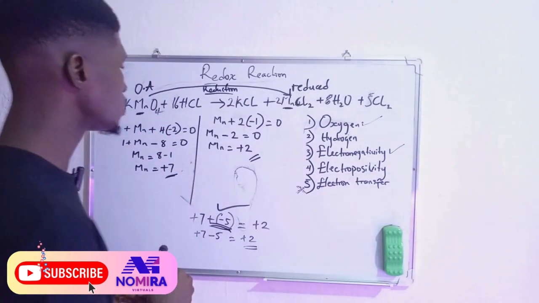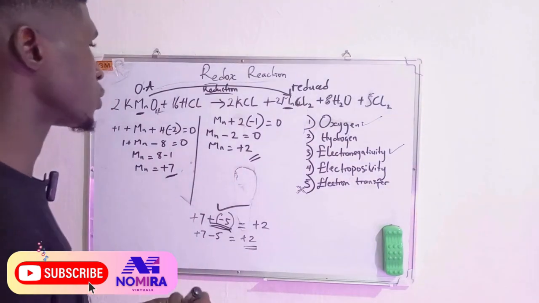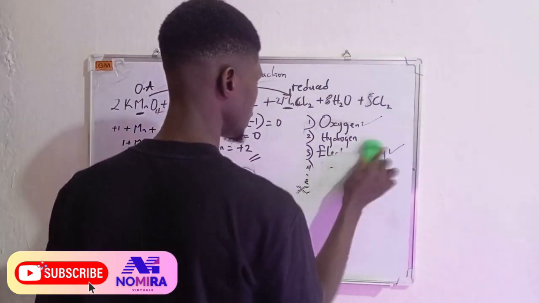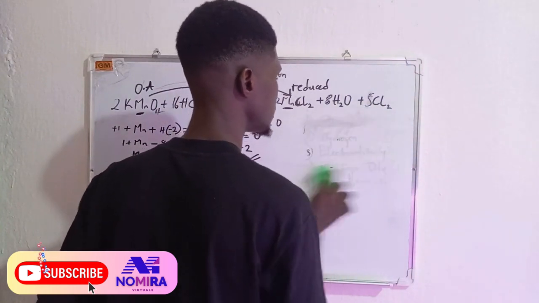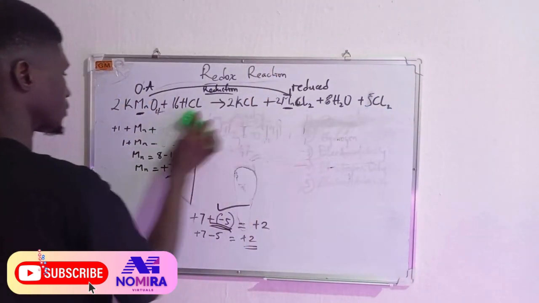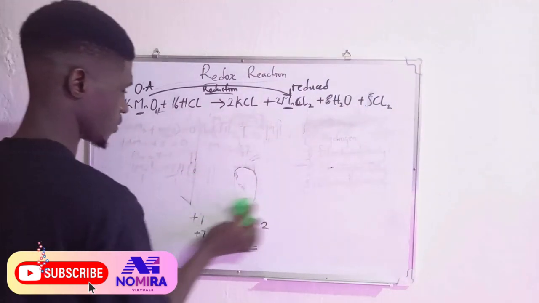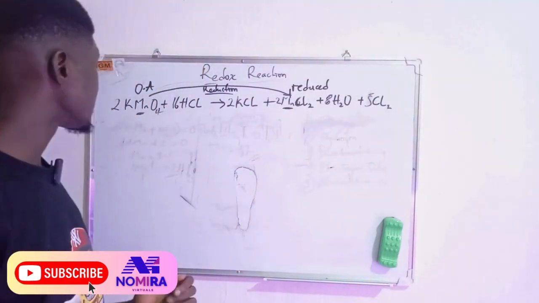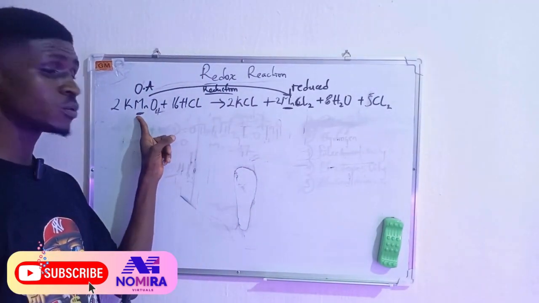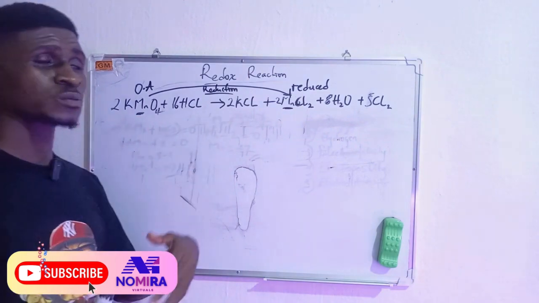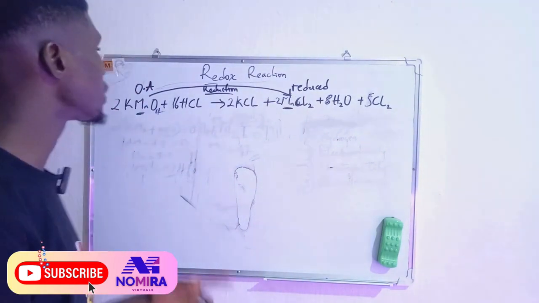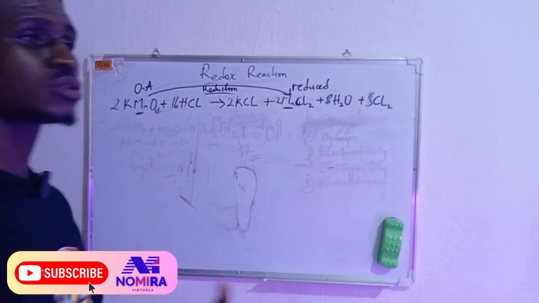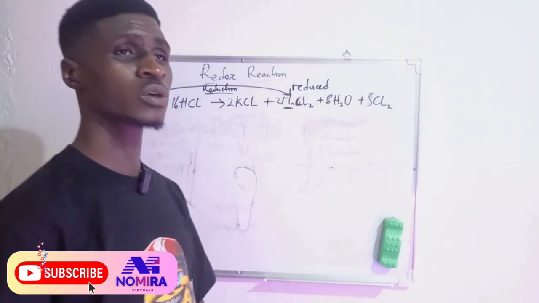Could we just look at where the oxidation must have happened? Okay, let's just clean this. Now, when I started, I told you that when you look at metals, just expect reduction. But when you look at non-metals, always expect oxidation.